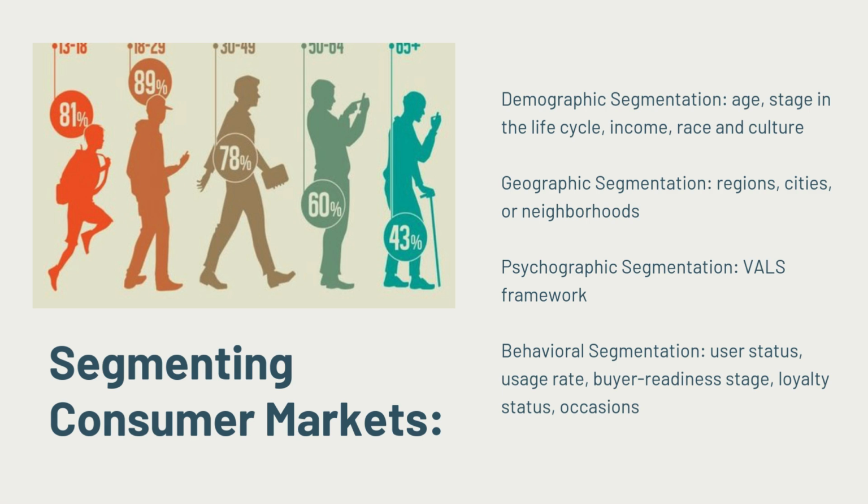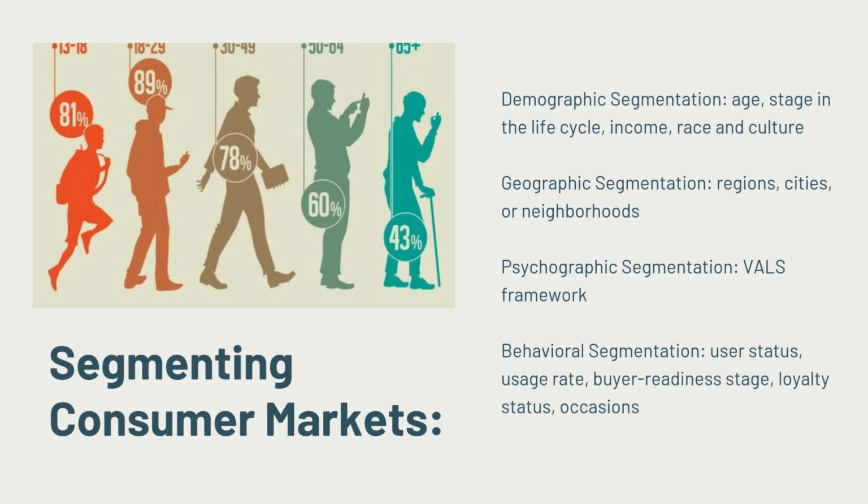Other key demographic factors can include life stage, for example, and this refers to significant events that take place in a person's life, like getting married, buying a home, or retiring. So, gender differences can also play a role in consumer behavior, although some companies are now offering gender neutral products.